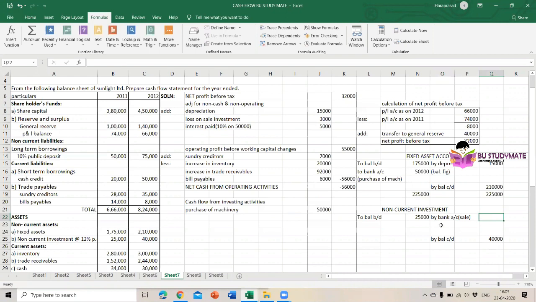Then what all things we have? We have to write the sale and loss entry, 3,000.